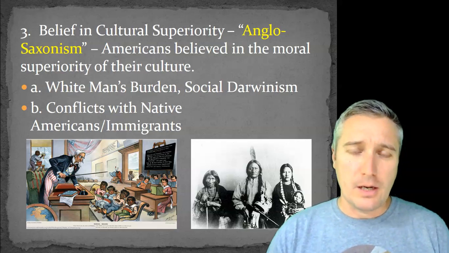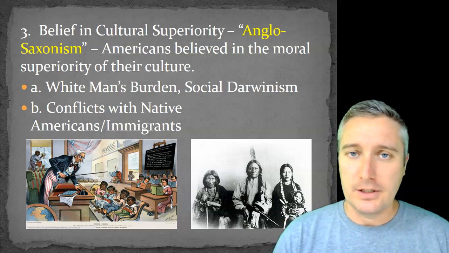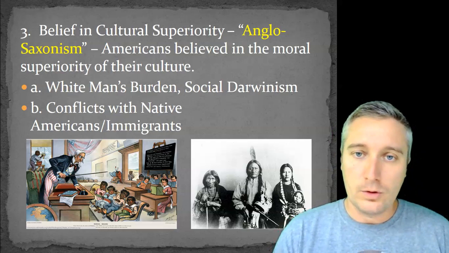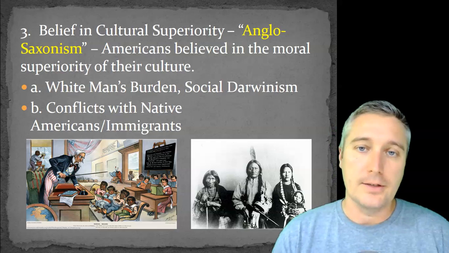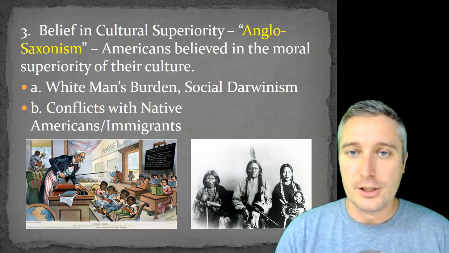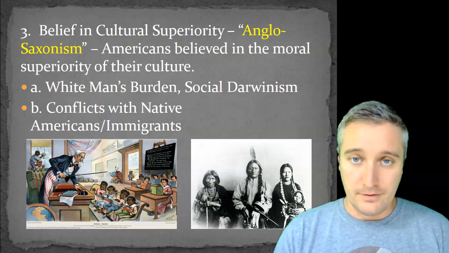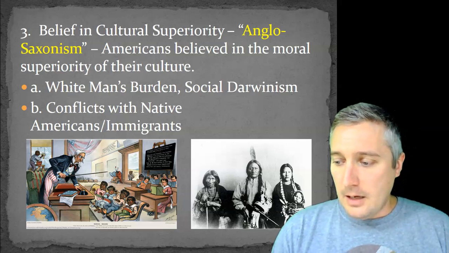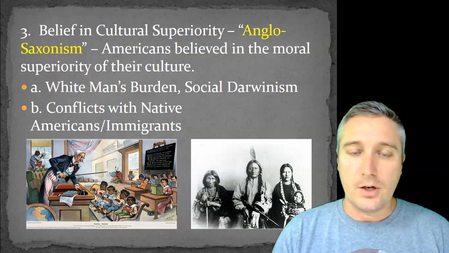The third reason Americans got involved in imperialism, again, echoing the global trend here, was ideas of racial superiority, and we've seen that even with our own domestic expansion. The plight of the Native Americans, not treated well at all. This idea of white man's burden, social Darwinism, as I covered earlier. We've seen it also with immigrants.